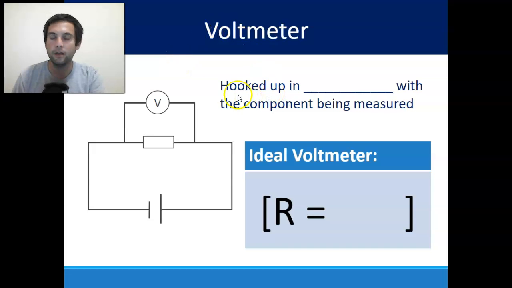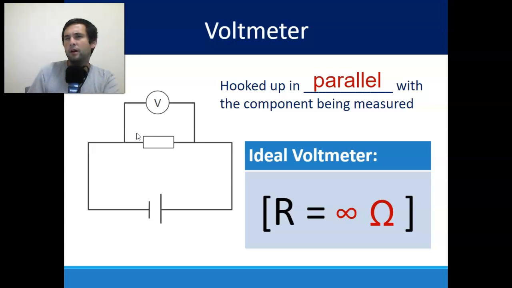A voltmeter, to limit any kind of false reading here, what we do is we hook the voltmeter up in parallel with the component being measured. So we always say the potential difference over the resistor, or over the cell, or over the battery, because we're measuring the potential difference over this thing. So in parallel.